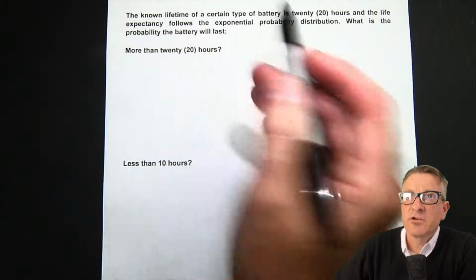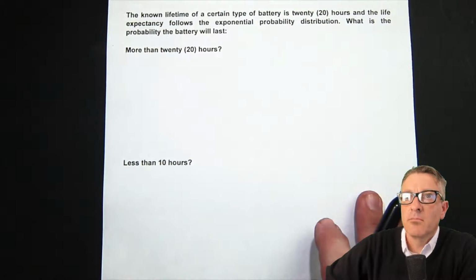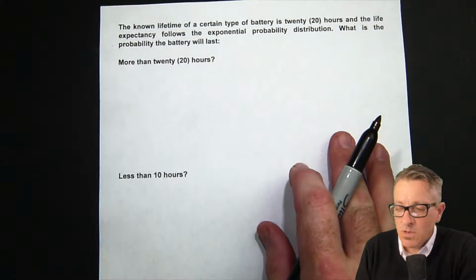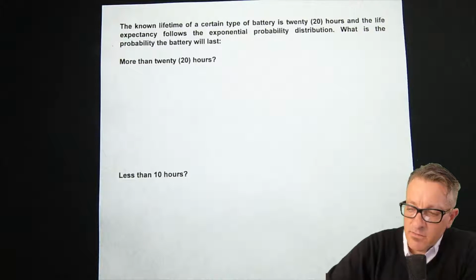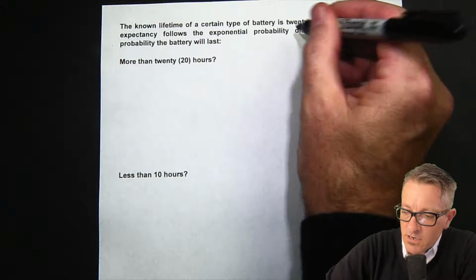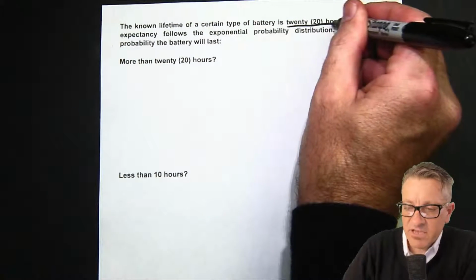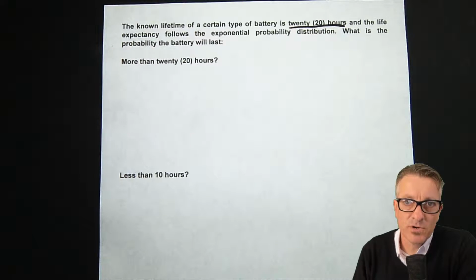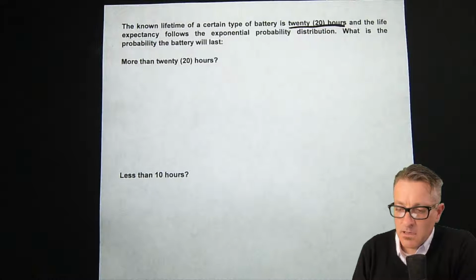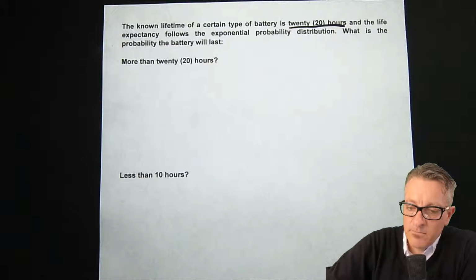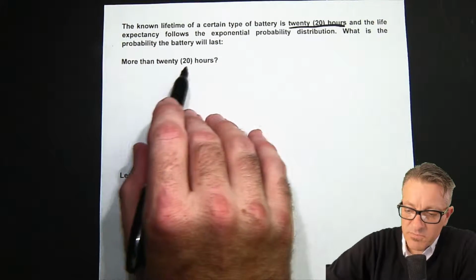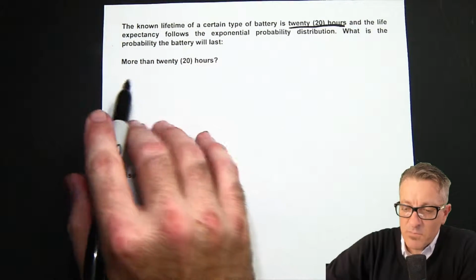And then there are three different sub-parts of this question where we actually do the math. A lot of people will take this value here, the average life expectancy of the battery, which is 20 hours, break it down into per-hour units and then multiply it by the t. The first part asks: what's the probability that the battery will last more than 20 hours?